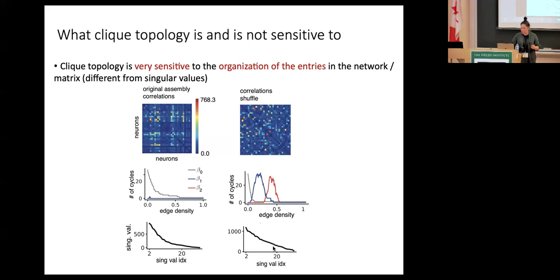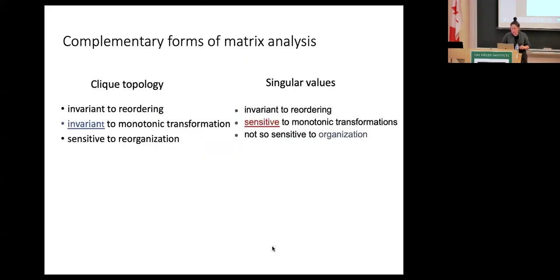However, the singular values changed a little bit, but are not as sensitive. So to restate, clique topology is very sensitive to the reorganization, whereas the singular values are less sensitive to the organization, but very sensitive to these monotonic transformations, which we really believe are underlying our data.